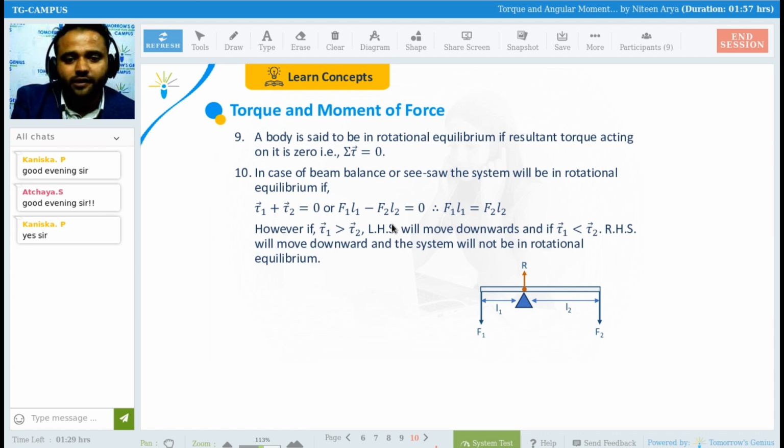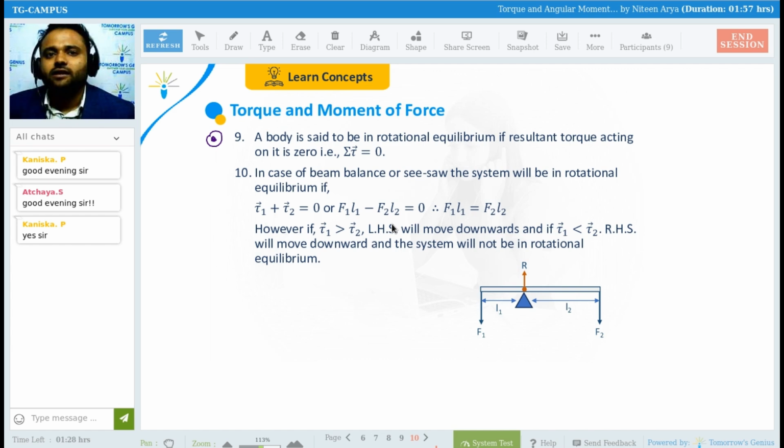A body is said to be in rotational equilibrium if the resultant torque acting on it is zero. So that is very important. Many times you hear this terminology and you don't know what to do or what is given in the questions. So whenever you get a question, find a point where rotational equilibrium is there, for that particular system and body.